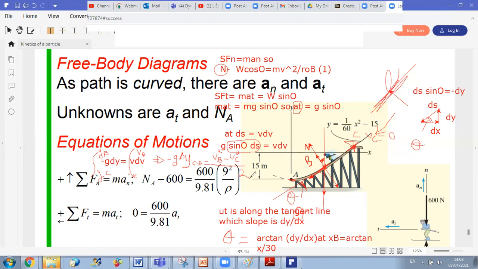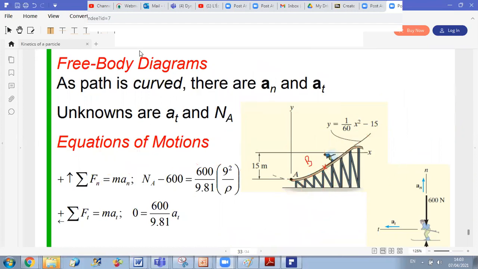Any question on this? Any question, guys, on this problem? So this is mainly chapter 13. We still have part of the applications, so we'll continue this chapter next time.